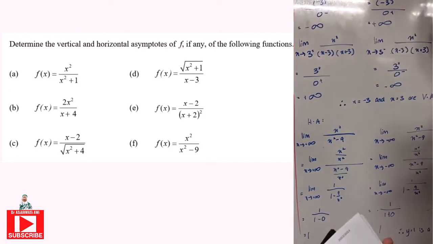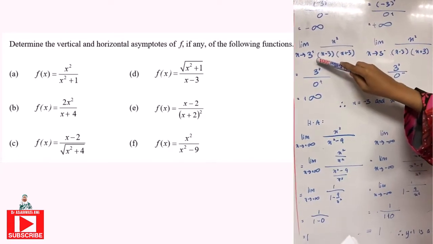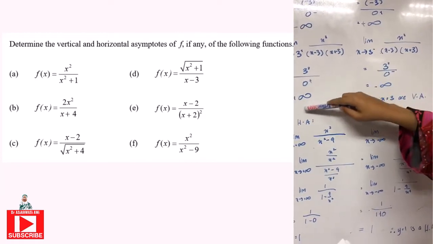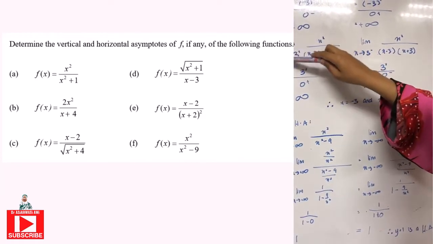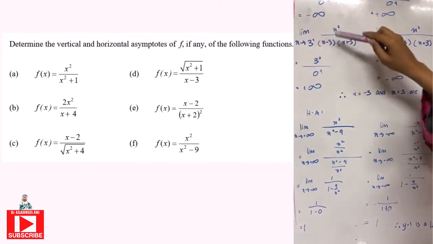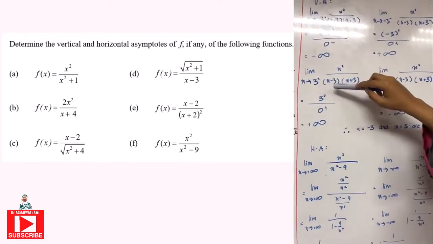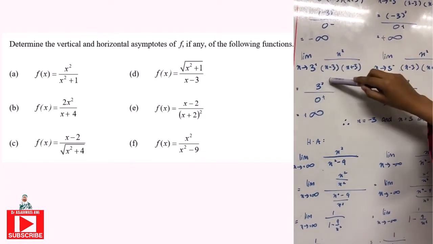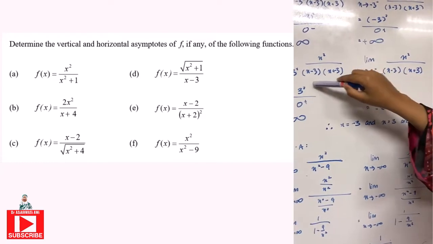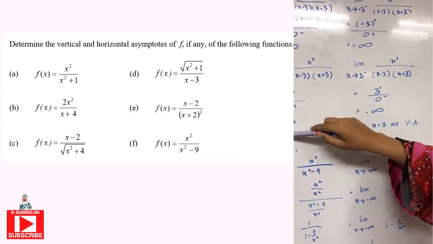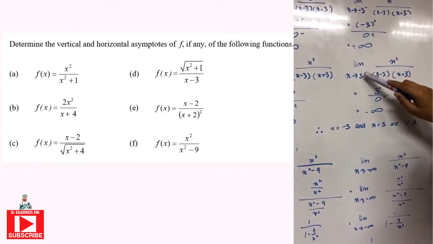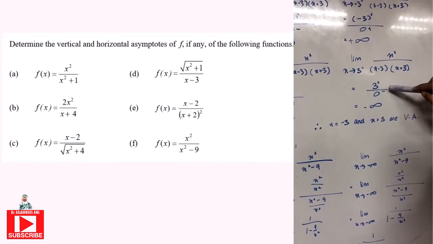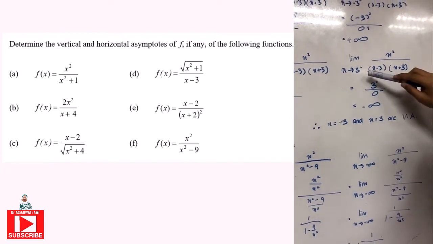Then for the value 3, the limit as x approaches 3 from the right, we substitute 3 and get infinity also. We take one example such as 3.1 and substitute it in. The numerator is positive, the denominator is positive also. So positive over positive, we get positive infinity. For the limit as x approaches 3 from the left, we substitute and get infinity also.